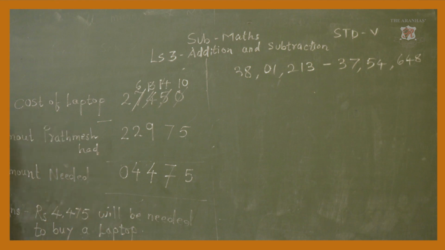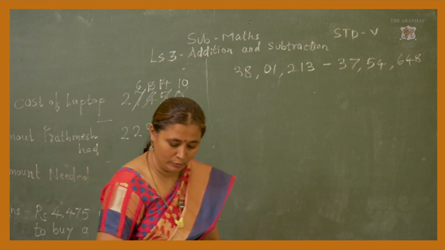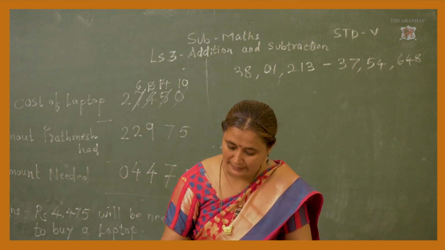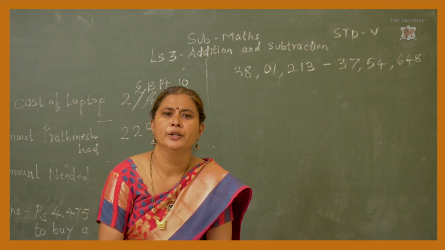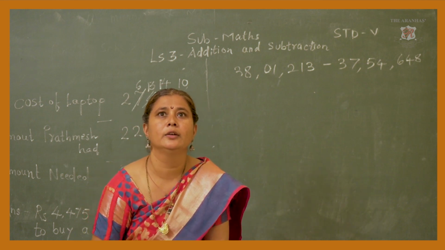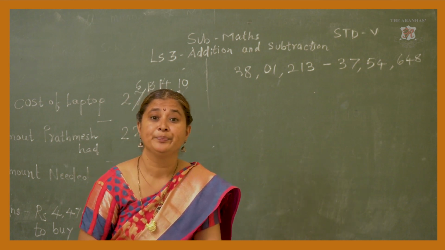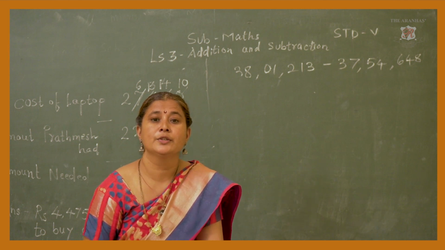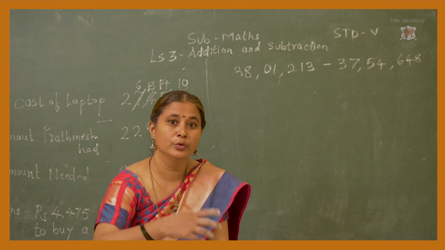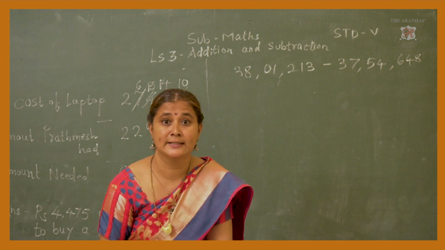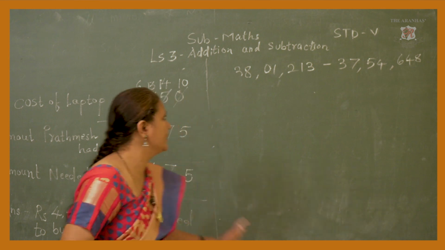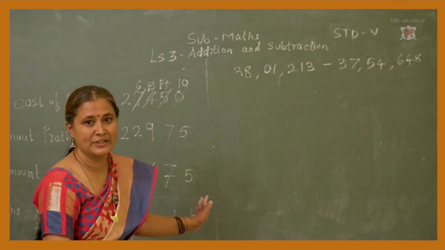Understood? Okay. Solve more sums from problem set 12, or form sums on your own. So it is very easy for you to do the subtraction of 7-digit and 6-digit numbers. This is a 5-digit number, subtraction of 5-digit.